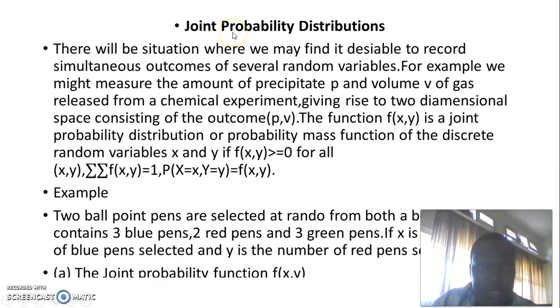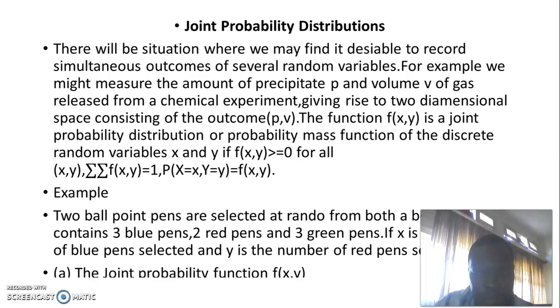Joint probability distributions. There will be situations where we may find it desirable to record simultaneous outcomes of several random variables. For example, if you combine one random variable with another random variable, you can get the joint distribution of those random variables.